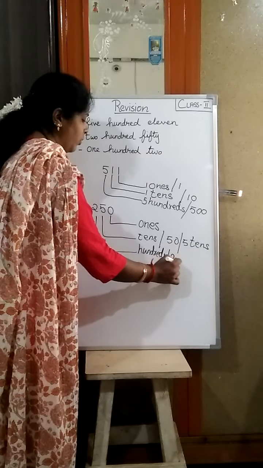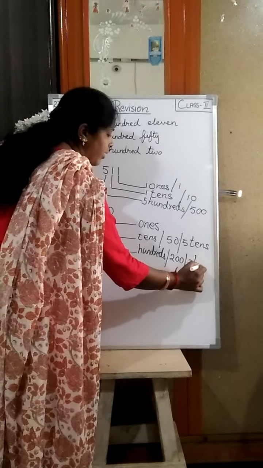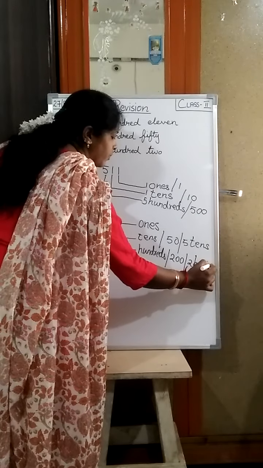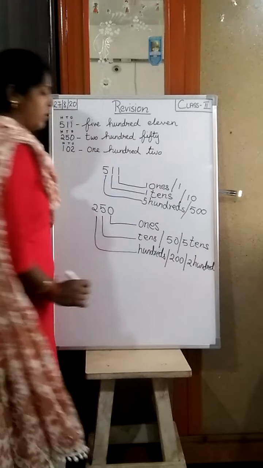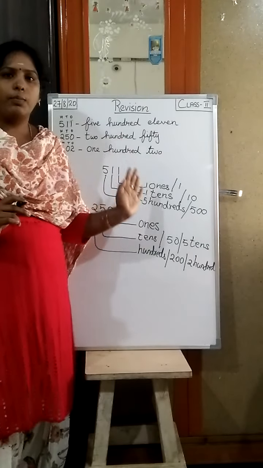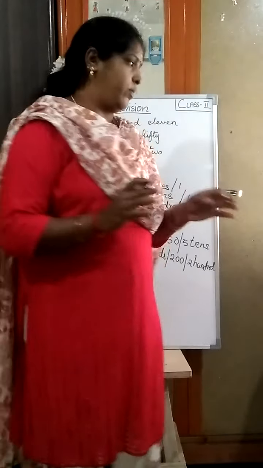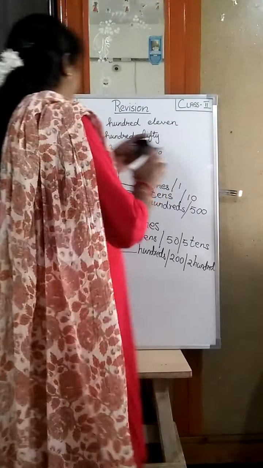So 200 or 2 hundreds. Okay, children? Do you understand the number names and place value? Now we will see expanded form.